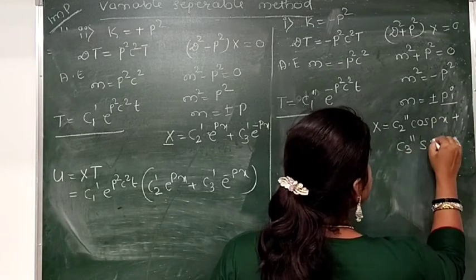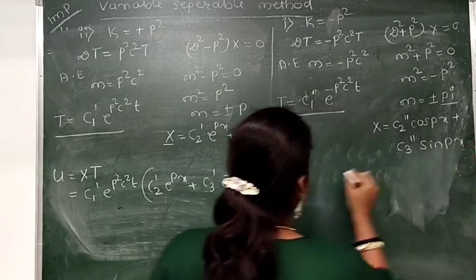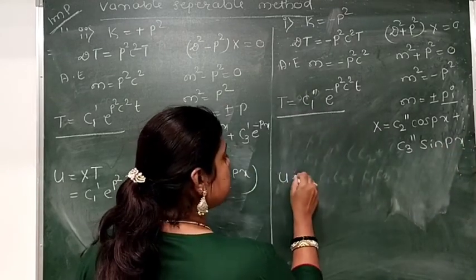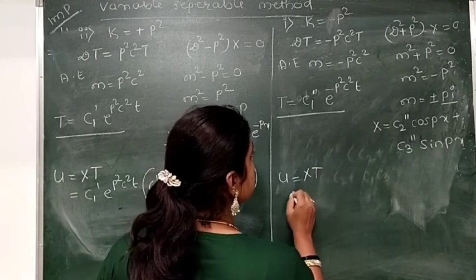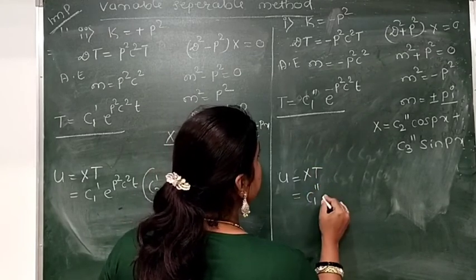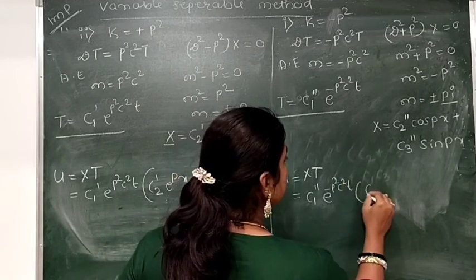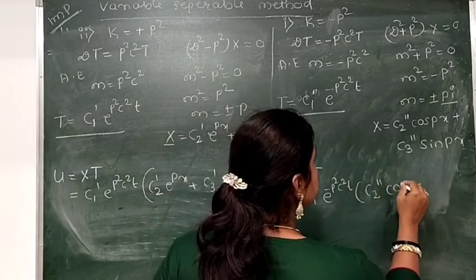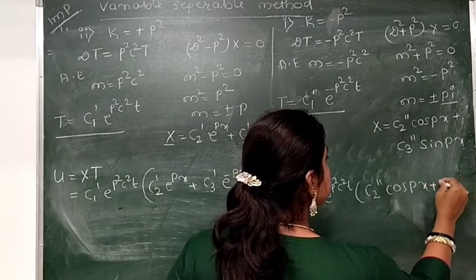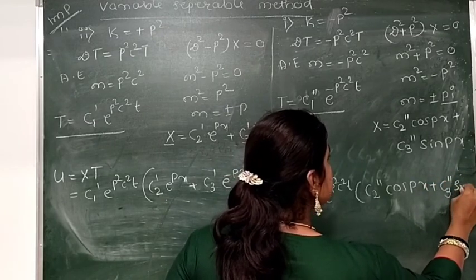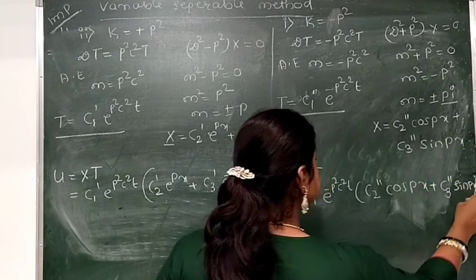Substitute in the standard solution: u = XT = c1'' e^(-p² c² t)(c2'' cos px + c3'' sin px).